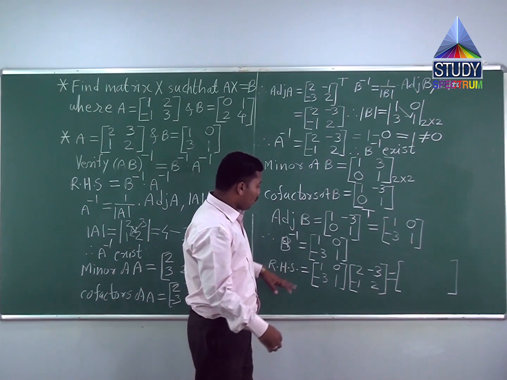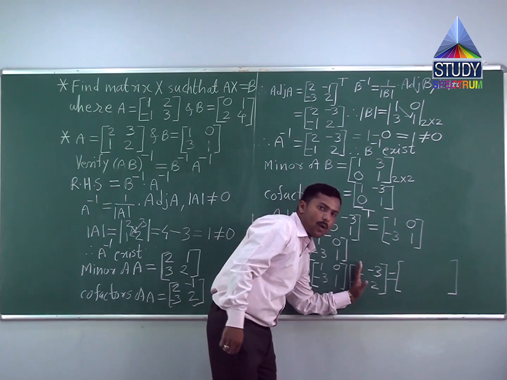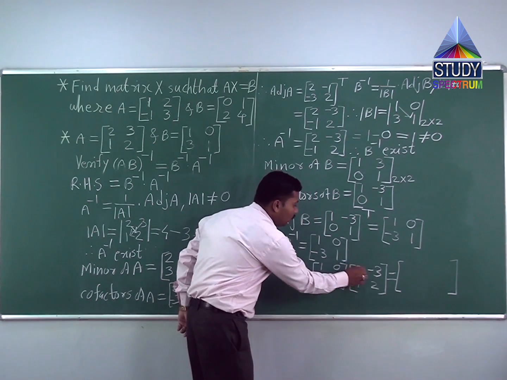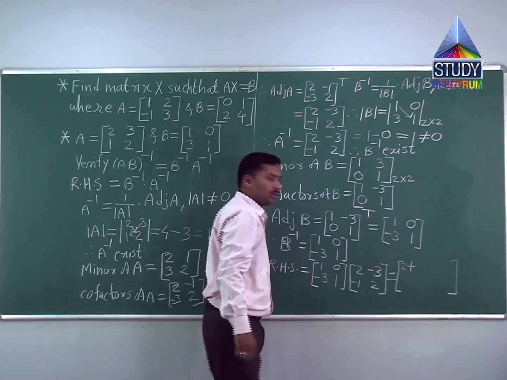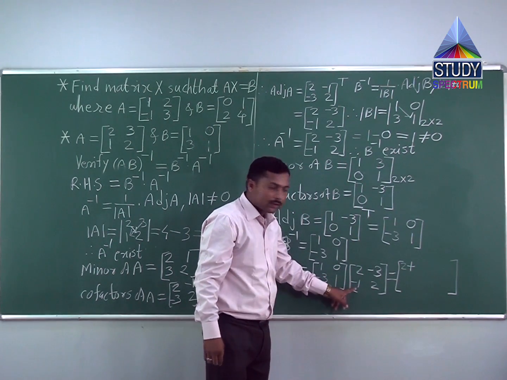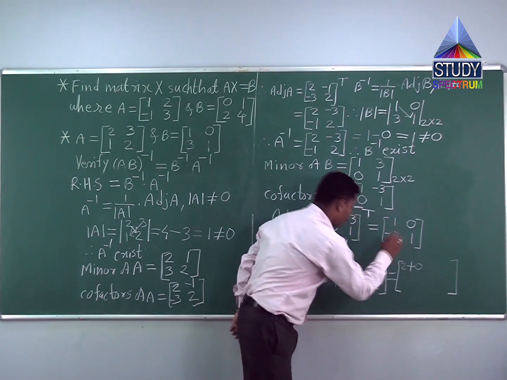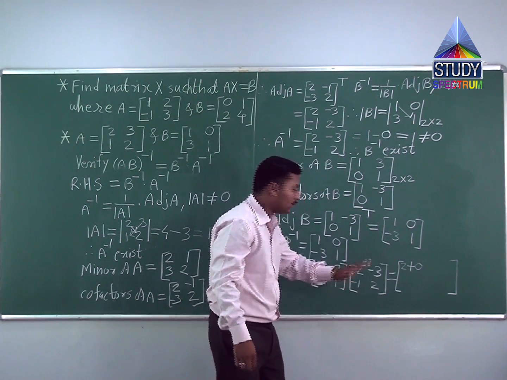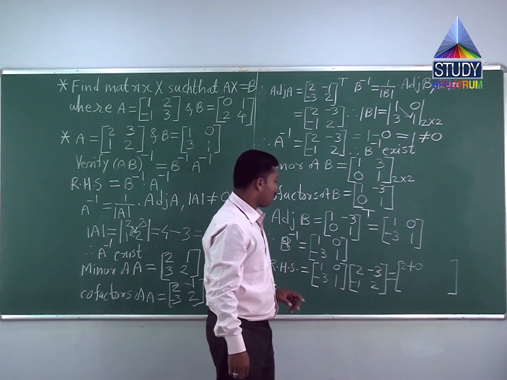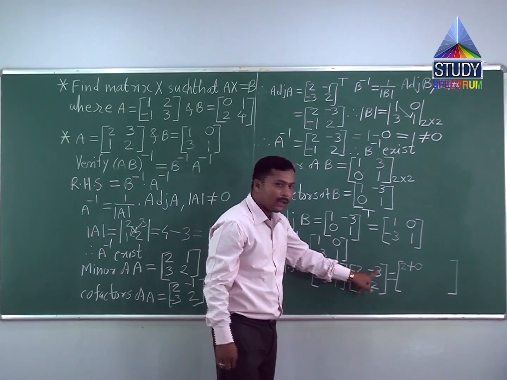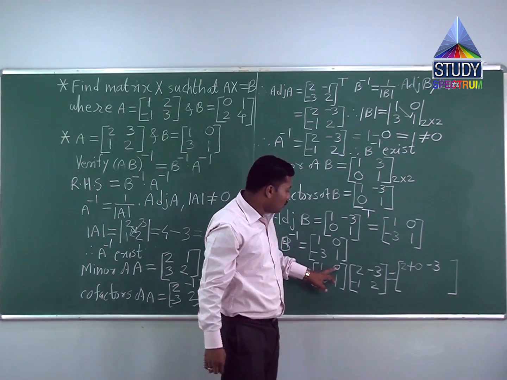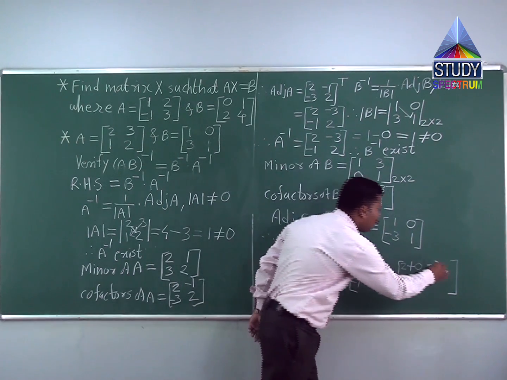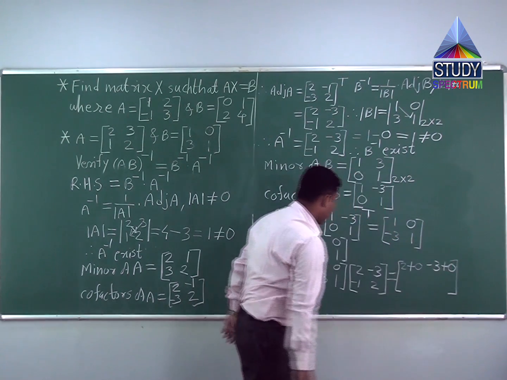First row, first column: 1 into 2 plus 0 into minus 1, which is 0. Again first row, second column: 1 into minus 3, plus 0 into 2, which is 0.